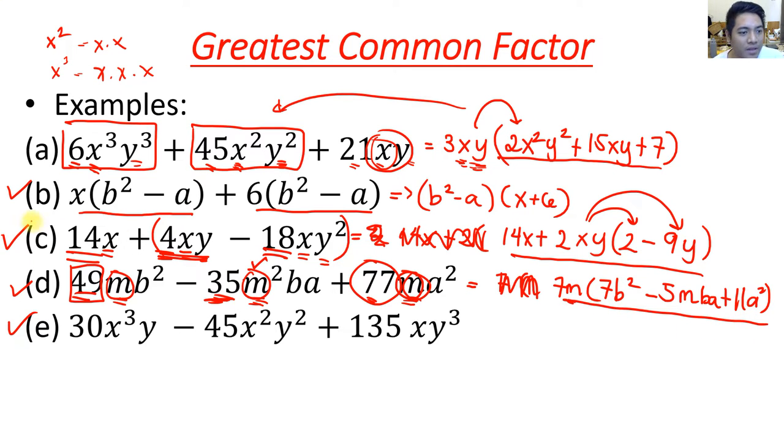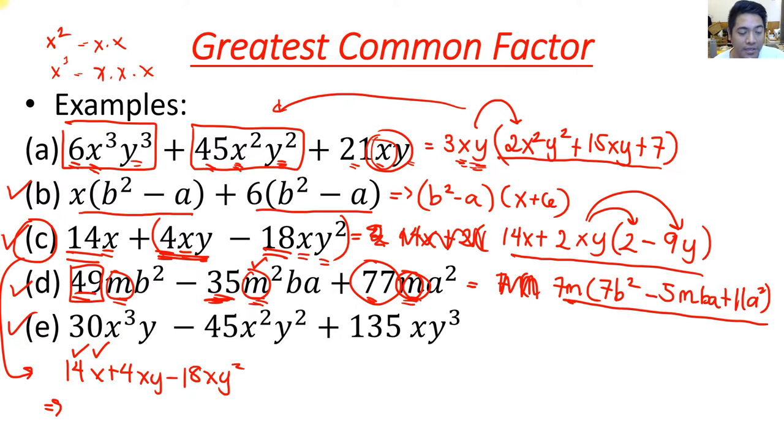Also, I forgot letter C, we can still factor it out. Let me correct this for letter C. We have 14x plus 4xy minus 18xy squared. The greatest common factor: they all have a common GCF for the coefficient and x only.